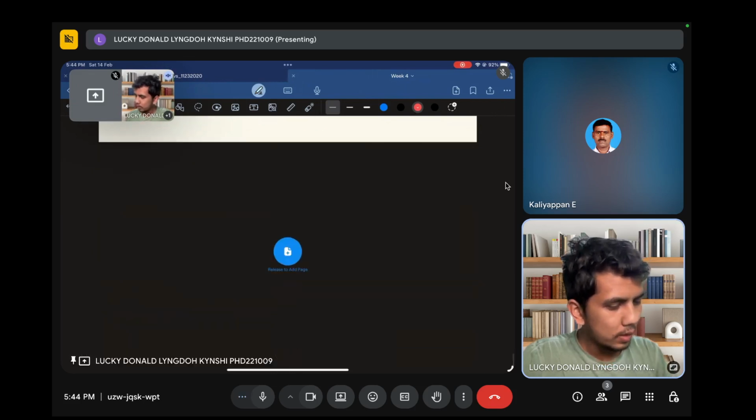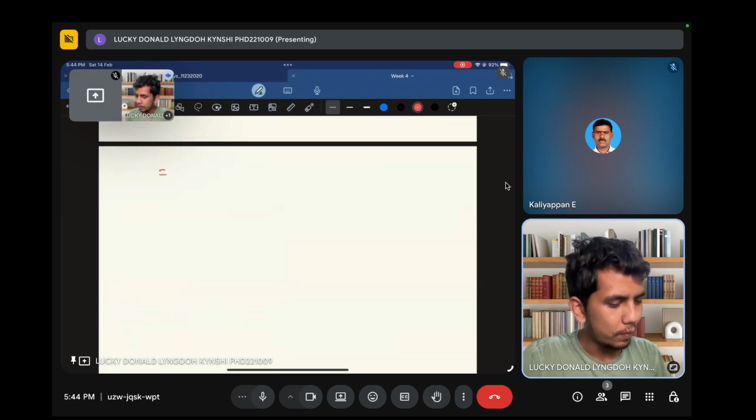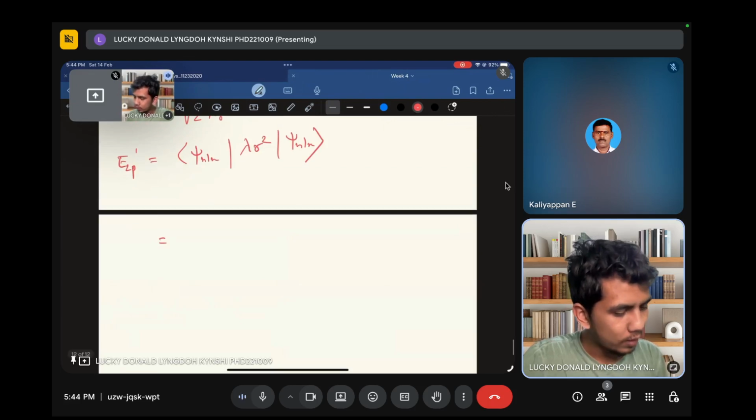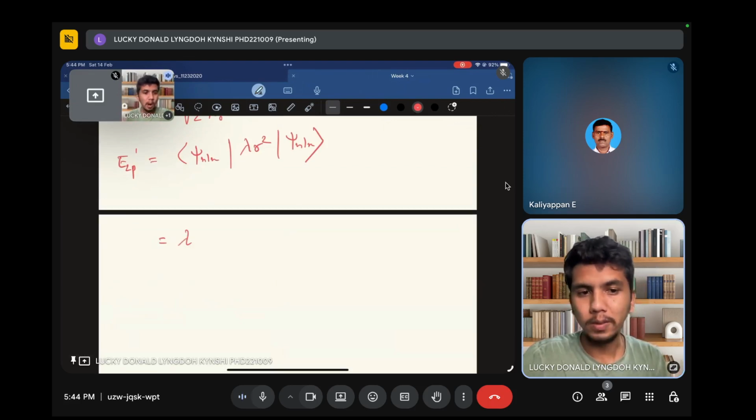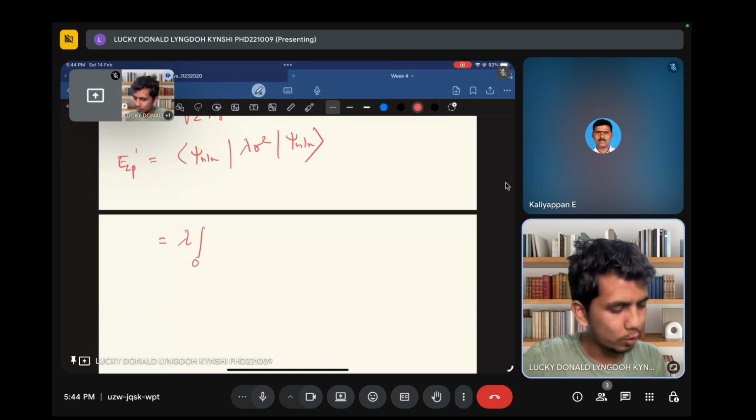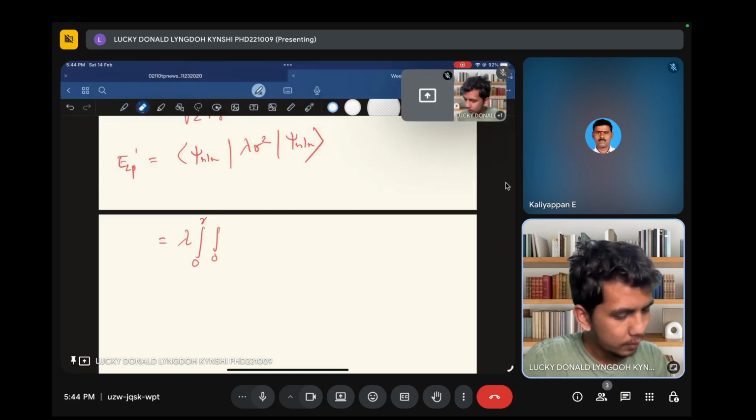Now, notice carefully again, you can take the constant term outside, and you will have only the radial part, theta part, and phi part. So you get 0 to infinity for r, 0 to pi for the theta part, and for the phi, 0 to 2 pi.